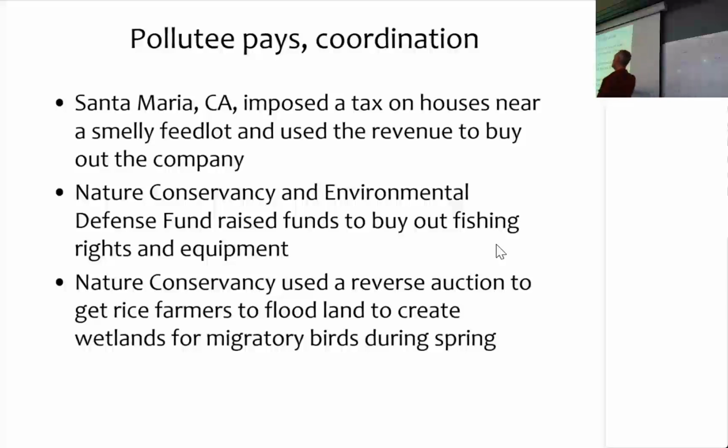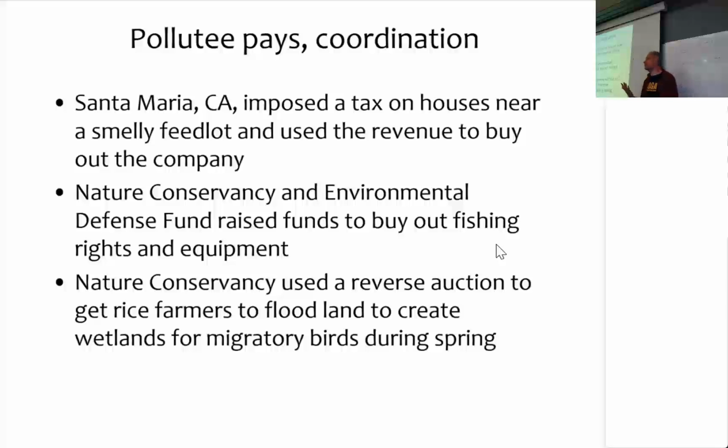But what the Nature Conservancy did in this case is they were worried about migratory birds, and migratory birds need wetlands during their trek in spring, right? And what they realized was that there's a lot of rice farms in Southern California, and they're dry, right? But they're not dry for any real reason.